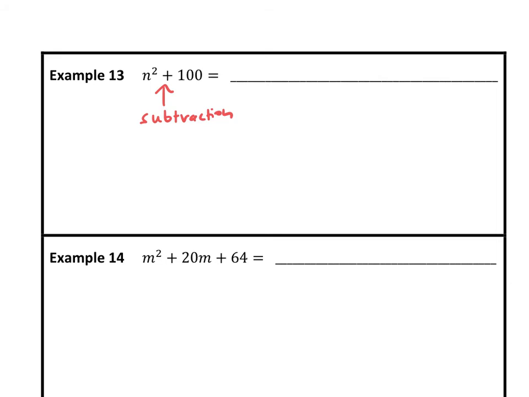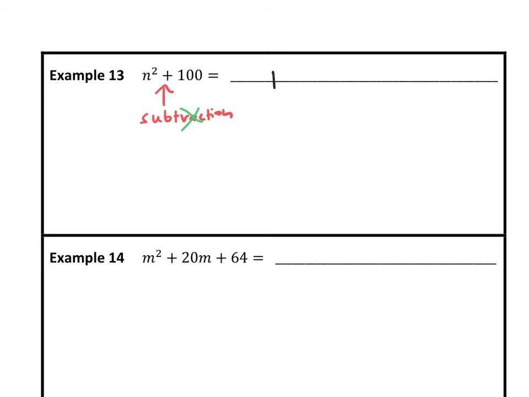Or let me put it this way. It's not subtraction, so it's not a difference of squares. It's also not a perfect square trinomial, because a trinomial would have 3 terms and this only has 2. So this is something that you cannot factor.